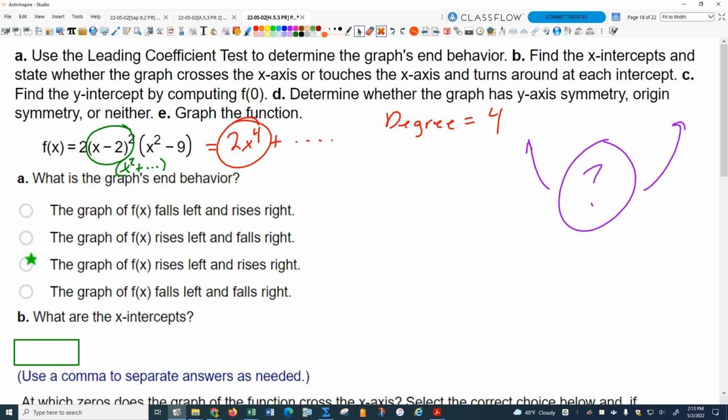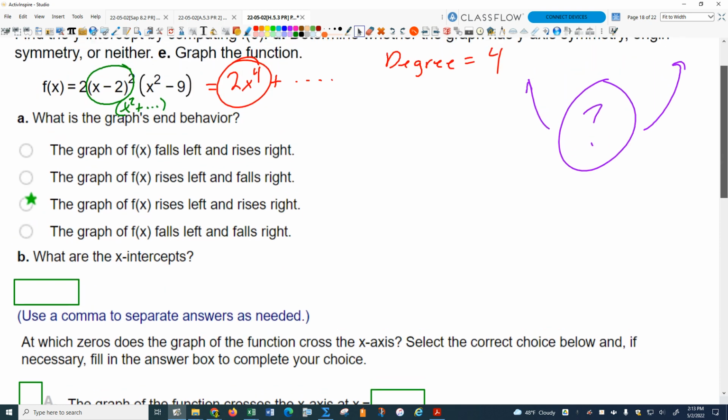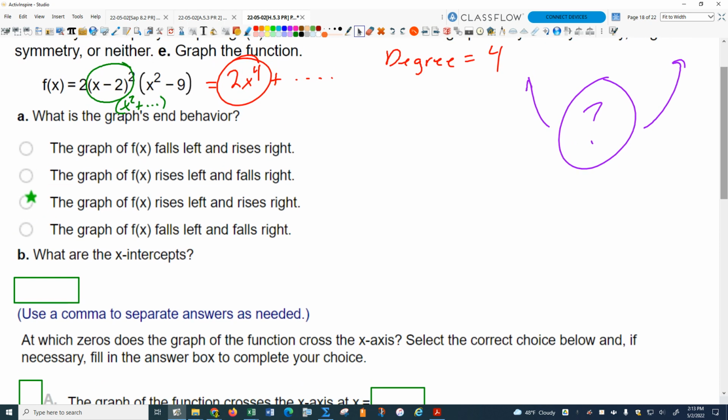What are the x-intercepts? Now we got to talk a little bit more about this one, but think about it for a second. Discuss it with your neighbor if you want to. That's fine. But take a minute or two and see if you can come up with the x-intercepts.